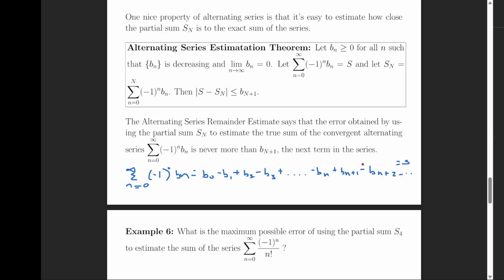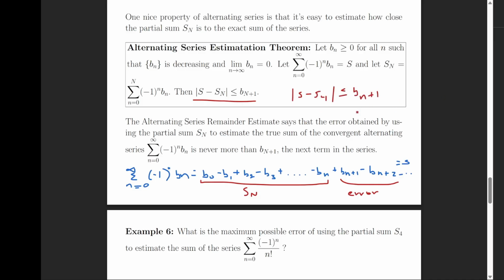Now, just looking at this, you know that all this is going to be the sum S of n, right? And then based on that, we can assume that everything else is going to be the error. Whatever is outside. This is basically saying that the error is equal to s minus s of n.